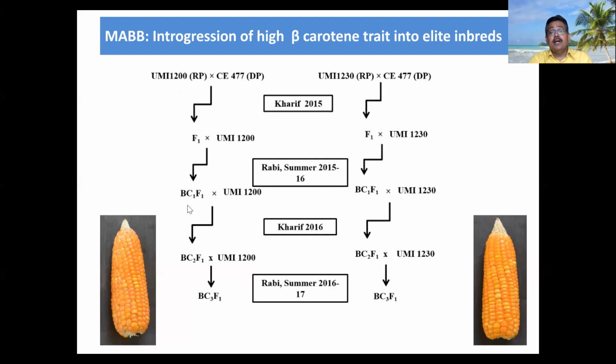So in every backcross we select the heterozygote, which has the beta carotene allele 543 base pair and 296 base pair. This is the heterozygote. After selfing the BC2 F1, in the BC2 F2 progenies you will get homozygous for donor, homozygous for recurrent, and heterozygote lines. So by using the foreground marker, we select only the homozygous allele.